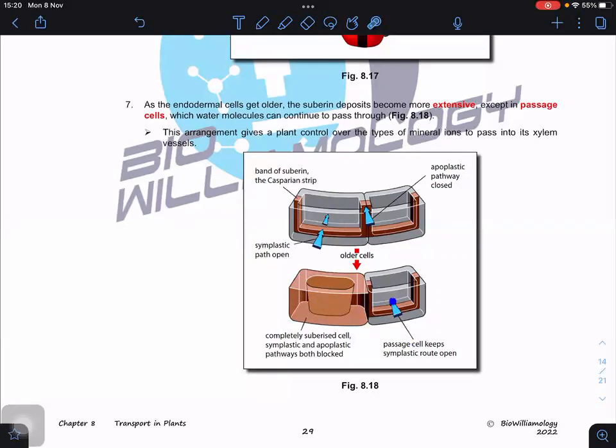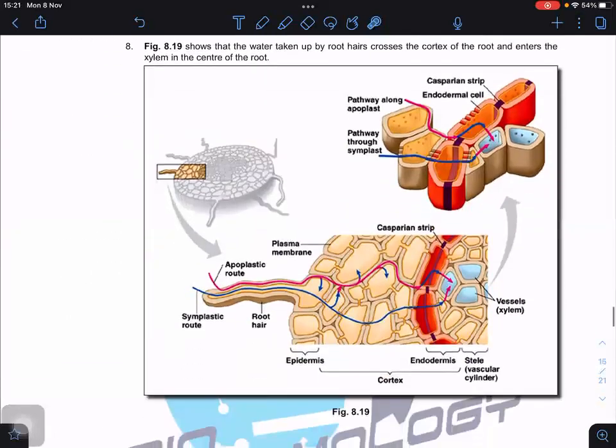So the symplastic pathway can only pass through what we call the passage cells. Passage cells are some of the cells that keep the symplastic route open. Are you clear? Because sometimes when the enzyme is there, the process will continue, meaning the plant cannot stop it. It's like a chain reaction. Once you start it, you cannot stop. So at the end, you can see that they will stop the symplastic pathway as well.